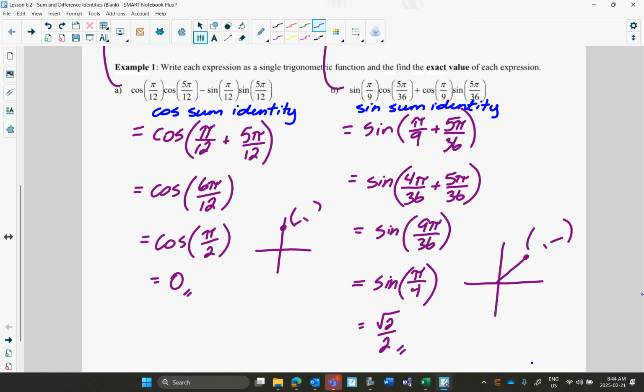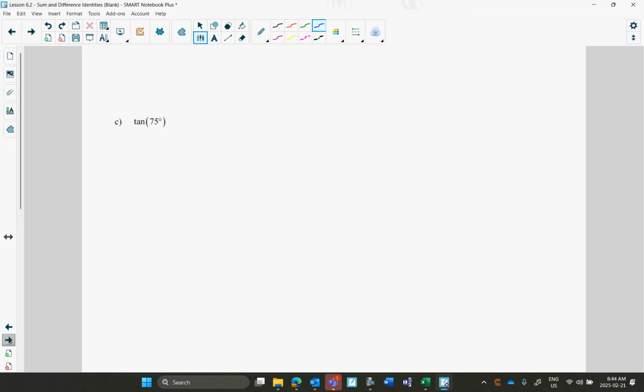Another type of question you can see. What if we're asked to go backwards? And this is commonly where we use sine, cosine, and tan sum and difference identities. If you're asked to find the cosine of 7 pi over 12, well, that's not an angle we're familiar with on the unit circle.